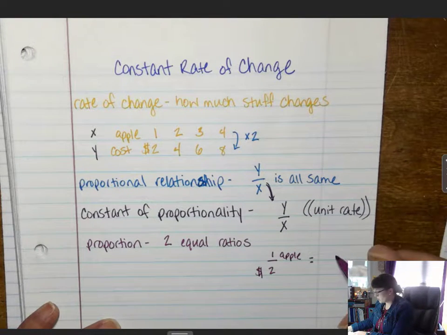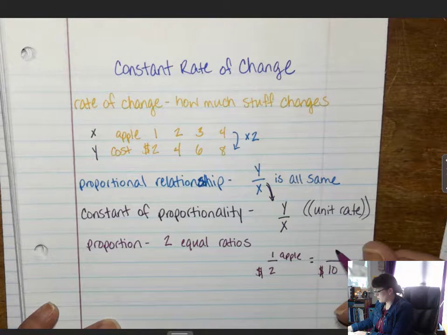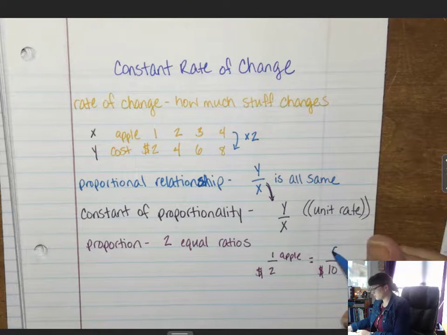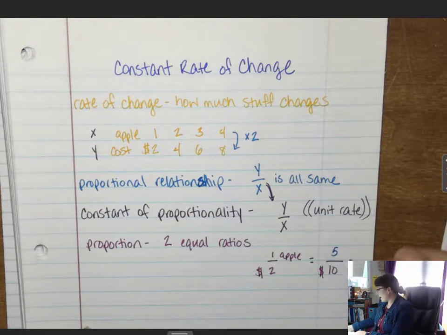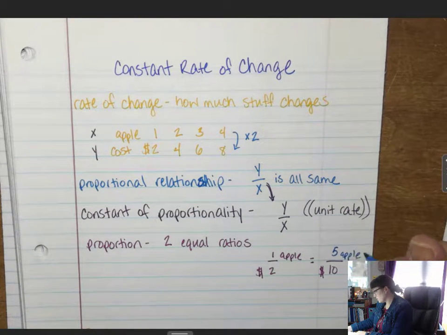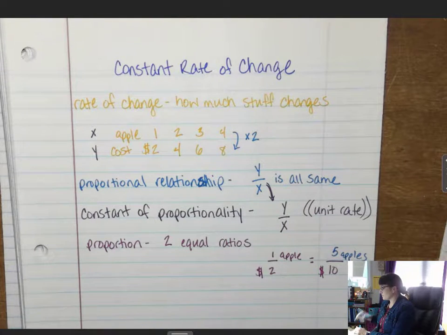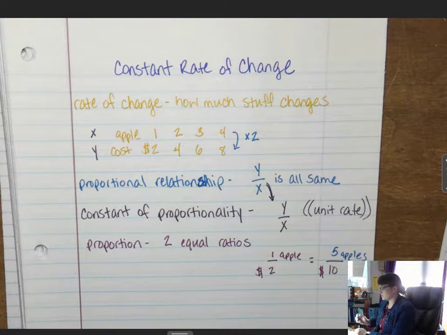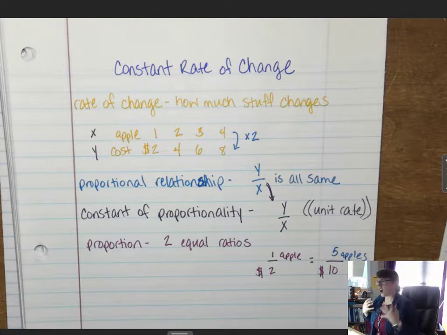And that would be equal to how many apples for $10? 5. Good. And those are equal. I can get 5 apples for $10, because 5 over 10 is equal to 1 over 2. At the heart of a proportion, it's just 2 equal ratios or 2 equal fractions. That's all that is.